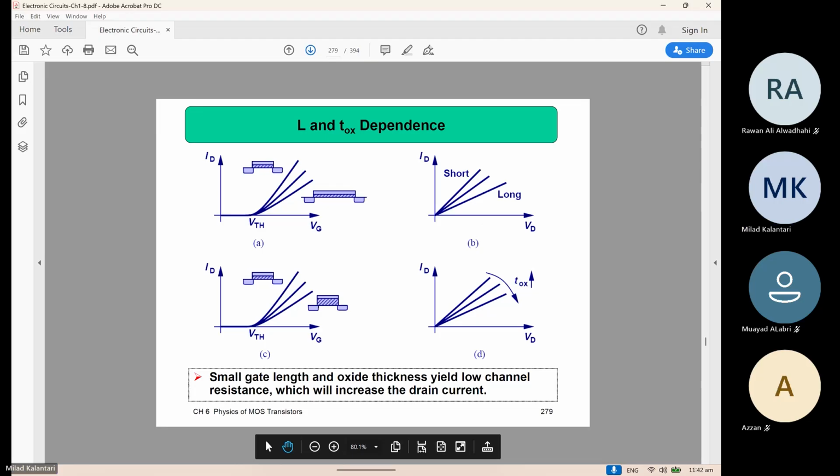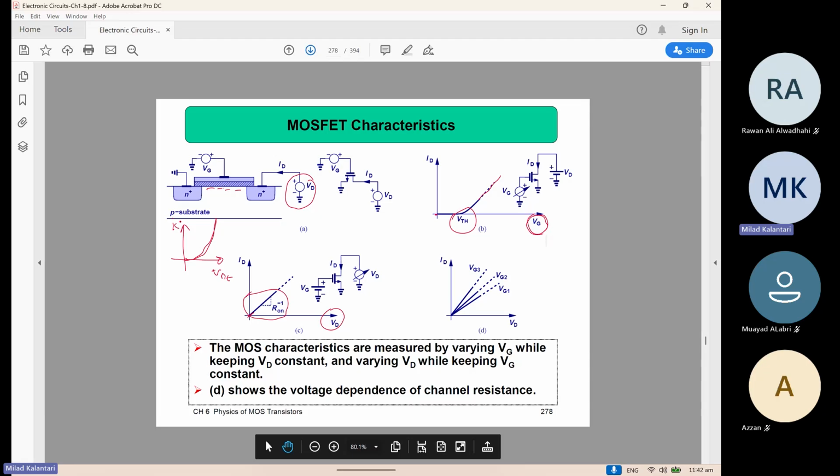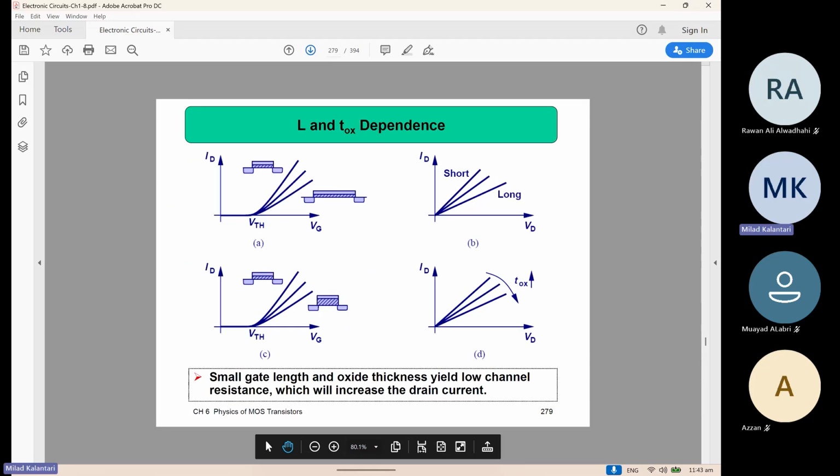Some other things you can tell from the physics of this device: this oxide layer has some thickness, and this oxide layer tells how big the capacitance between the two metals is, right?